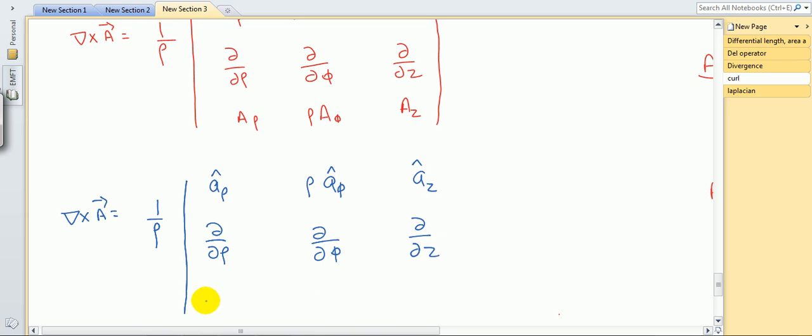Here the rho component which is given in the field is rho cos phi, and the phi component is sin phi, and it will be multiplied with rho as in the formula. There is no z component, so it will be 0. So I will find this determinant.